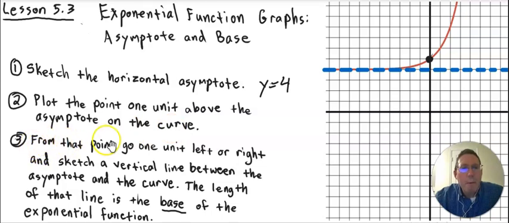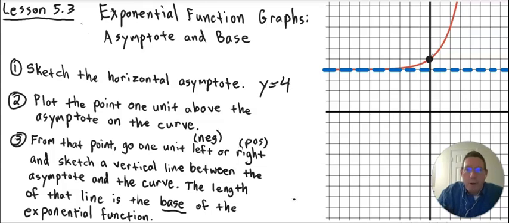Then it says from that point, go 1 unit left or right. On this one, we're going to go right. But on a negative exponential curve, we're going to go left. On any positive exponential curve, we're going to go to the right, and on any negative exponential curve, we would go to the left.